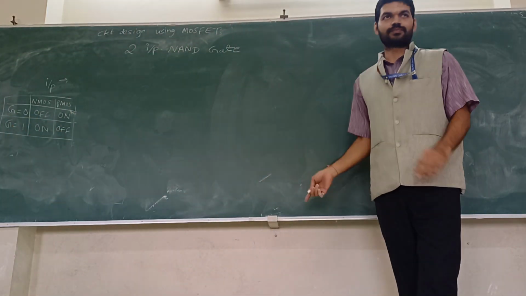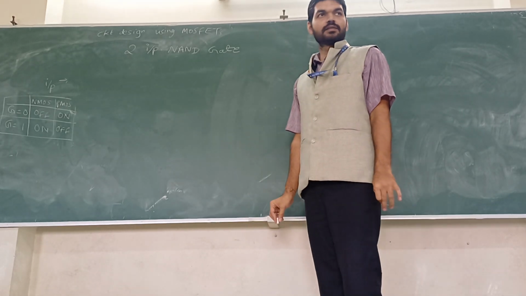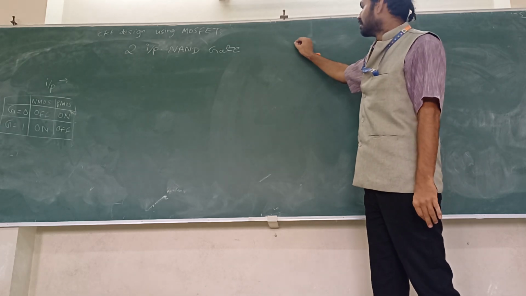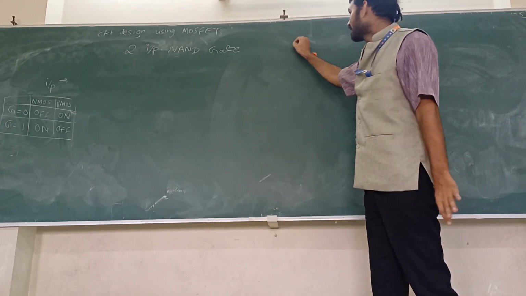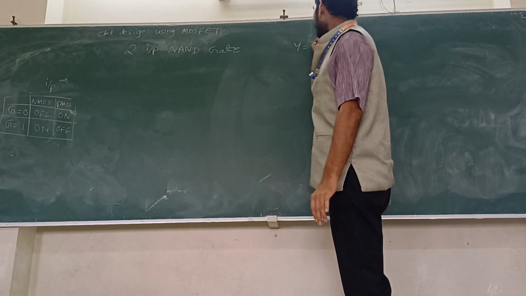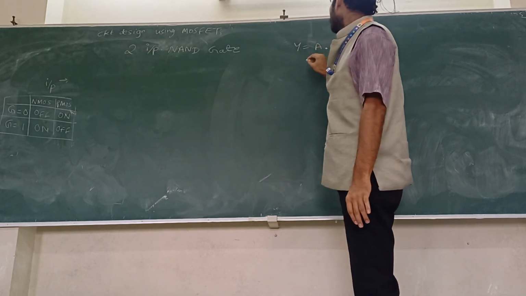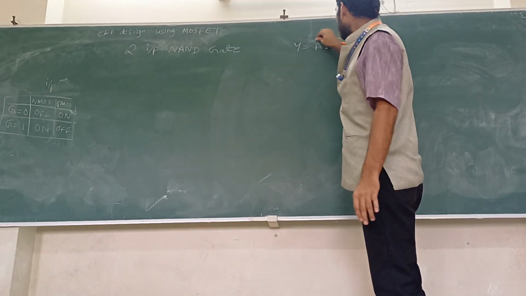The rule says that you take any equation, say Y is equal to A dot B, whole bar. Whole bar.